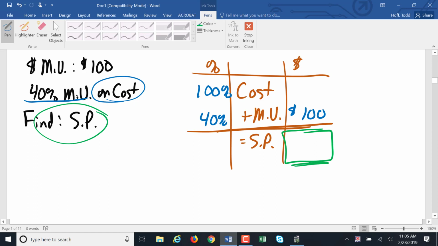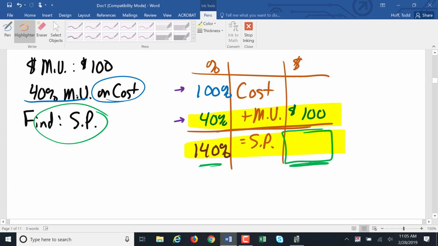In order to find that amount, we have to have the number on the other side of our table. Well, here, fortunately, that's really quick to find because cost plus markup equals selling price. 100% plus 40% has to equal 140%. So now, markup is the row where we have both the percent and the dollar amount.